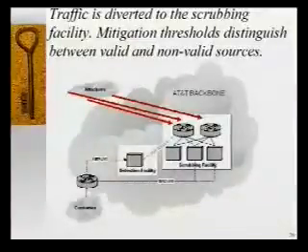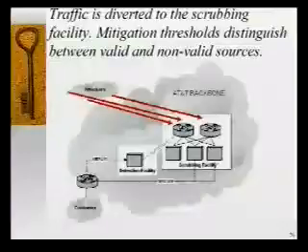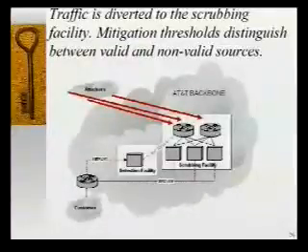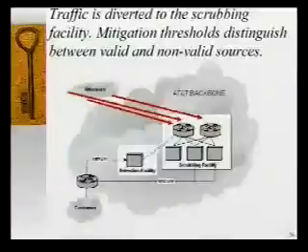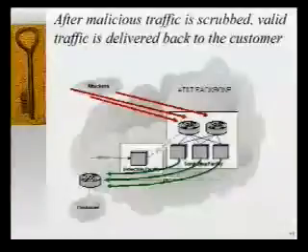You're going to have some horrible loop going in there. So MPLS VPN or GRE is normally the accepted way to get it back to the customer. And so now the traffic's going back to the customer, and they have clean pipes.